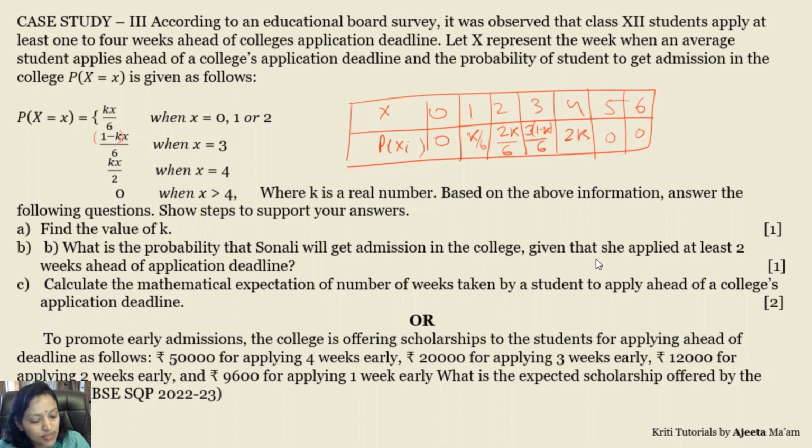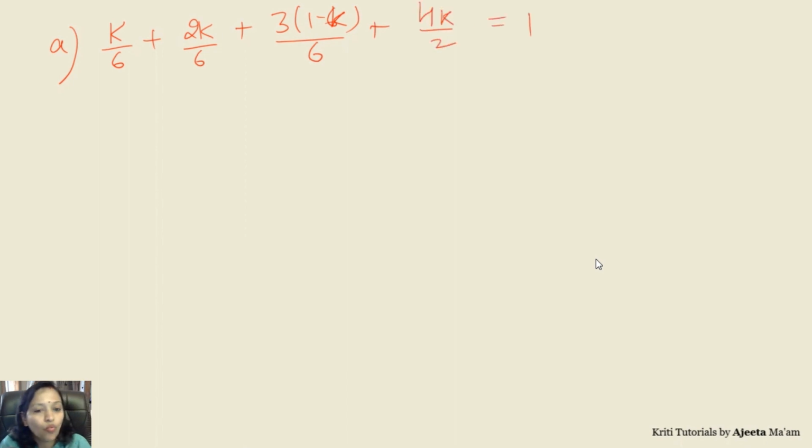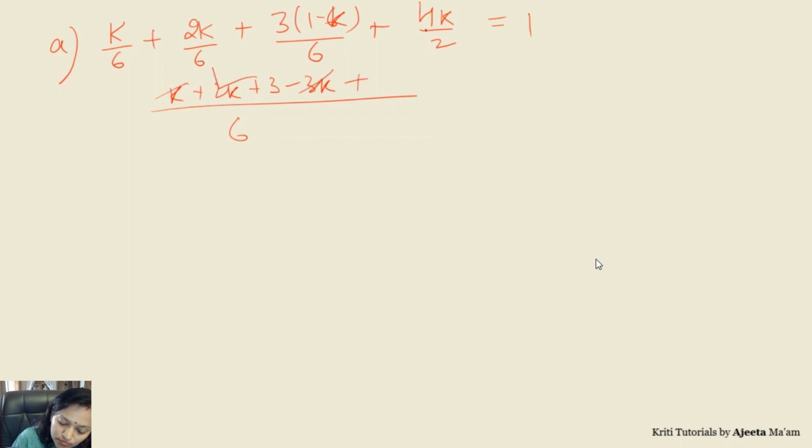Now we have to find the answers. First we have to find the value of k, after that the different answers. So first we take part A, right. So for the value of k, you have to add up k by 6, 2k by 6, 3 into 1 minus k by 6 and then 4k by 2 and all add up to 1. So if I take the LCM, k, 2k, 3 minus 3k plus this.